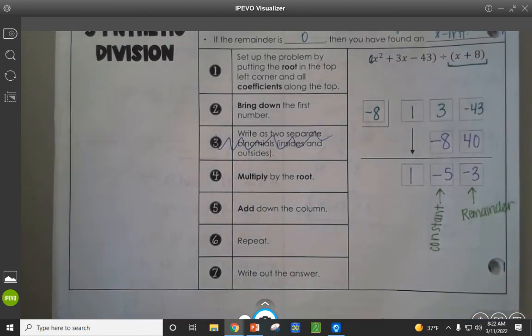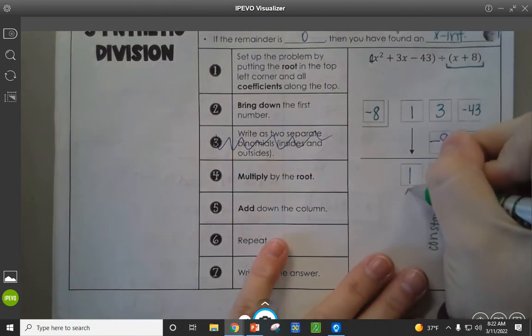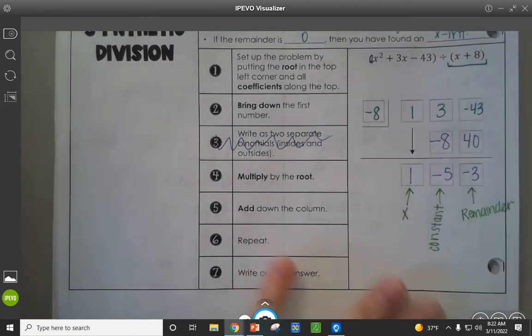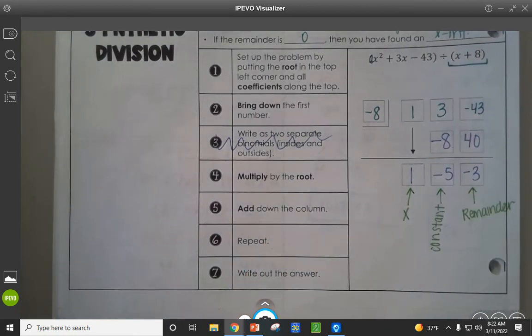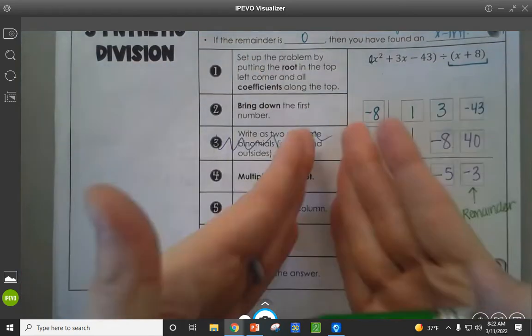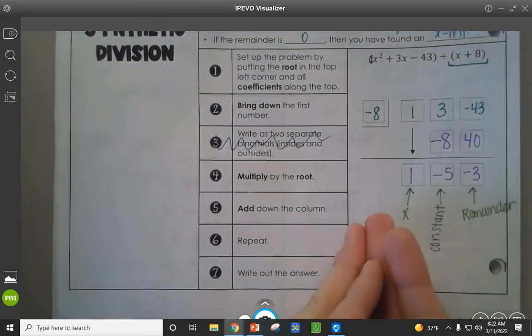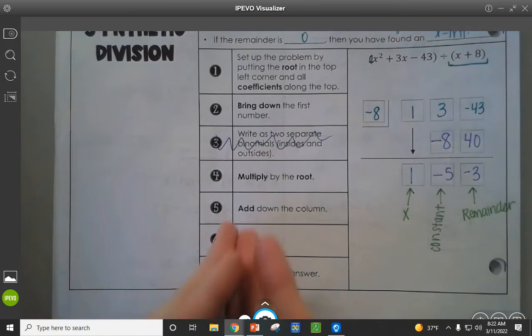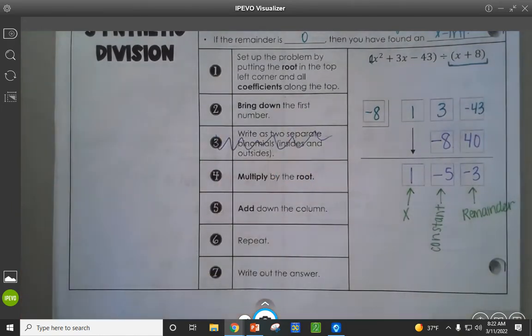What's a constant? Just a number that's by itself. Doesn't have a variable with it. And then the next number to the left gets an x beside it. If I had more numbers, my next one would get an x squared, and the next one would get an x cubed, and so forth. But whenever you don't have any more numbers, you stop.